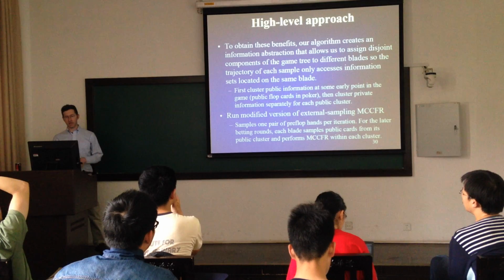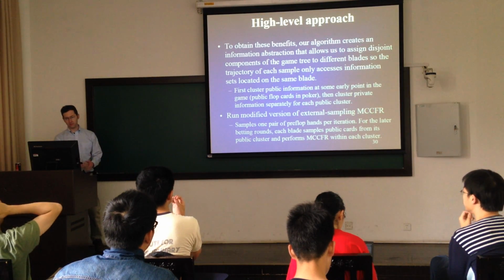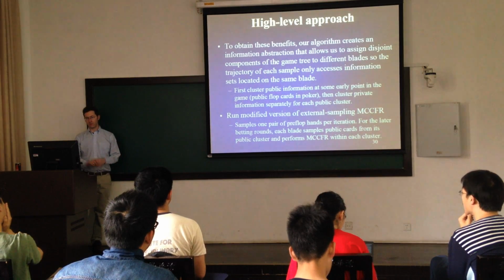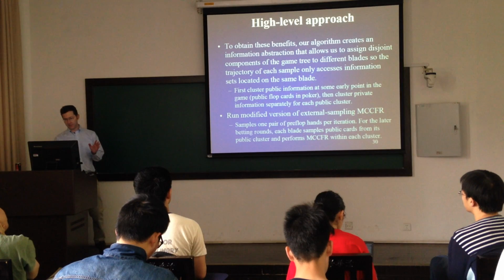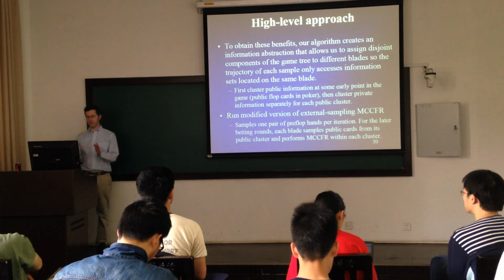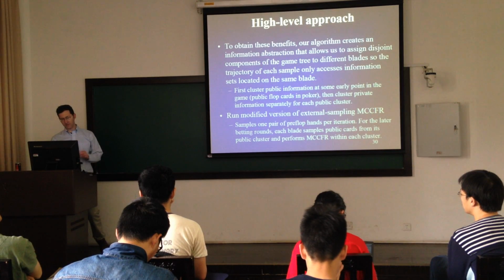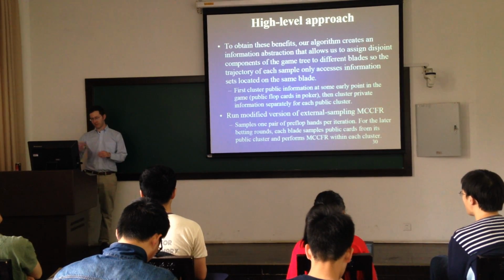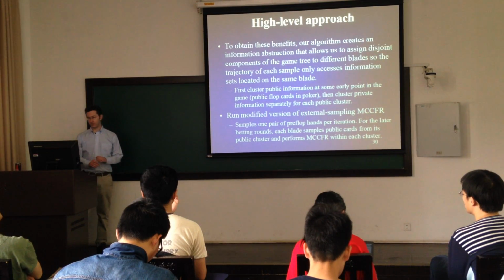Then we cluster the private information separately for each of these public clusters for the flop, turn, and river rounds. Each of these public clusters is assigned to a different blade. Once we've done this, we're going to run a modified version of the MCCFR algorithm that's able to work with this new abstraction.